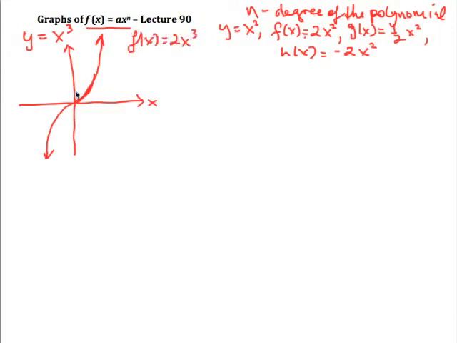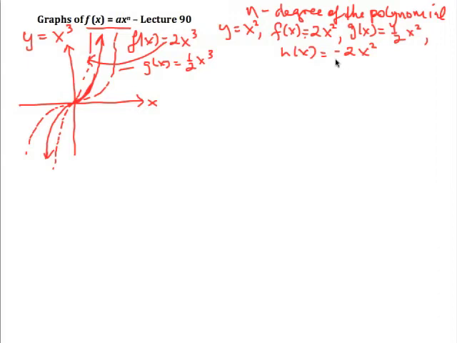Well, of course, that stretches it vertically, you know that, so it's going to come in closer here and stay closer here. And that would be this one. Stretches it vertically. Okay, so what about a half? Well, of course, that shrinks it vertically, so that would be moving it out a bit further, like so. And that, of course, would be, let's call that g of x equals a half x cubed.